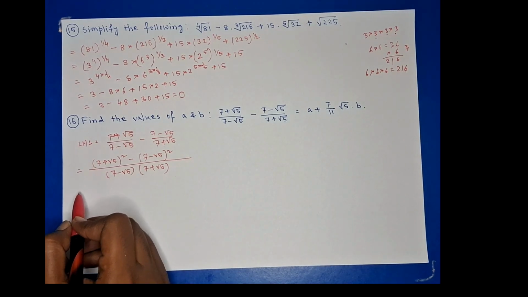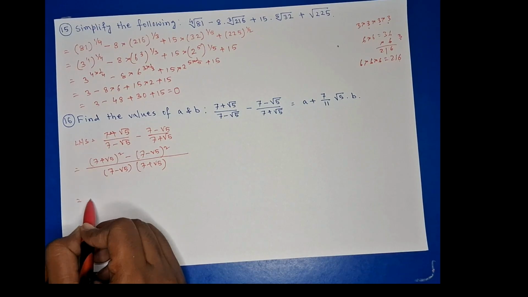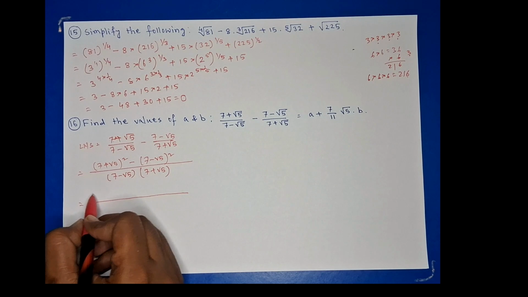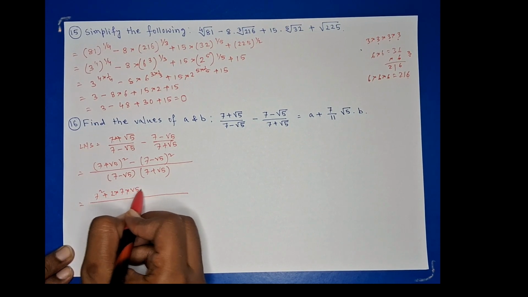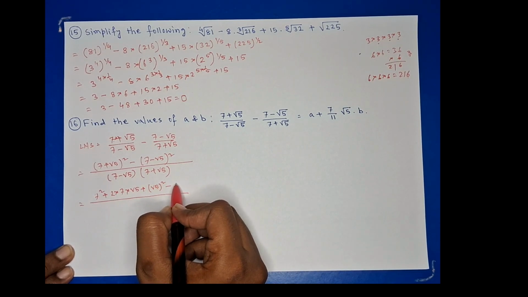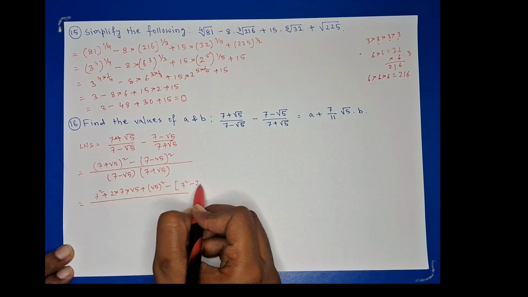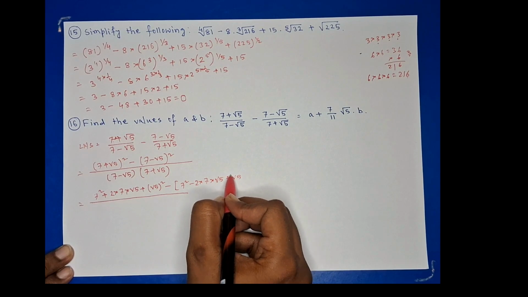Okay. This is a plus b whole square, a square plus 2ab plus b square, minus, let us write it within bracket, a square minus 2 into a into b plus b square.